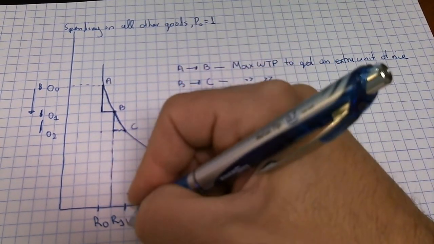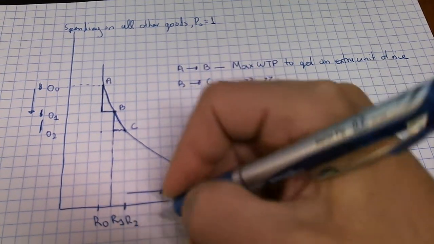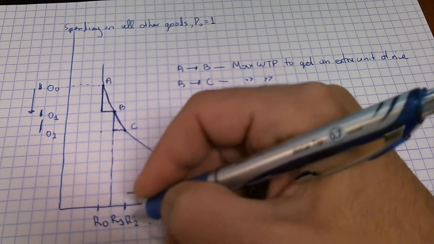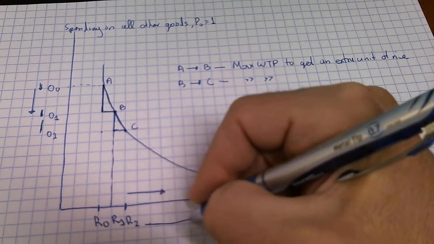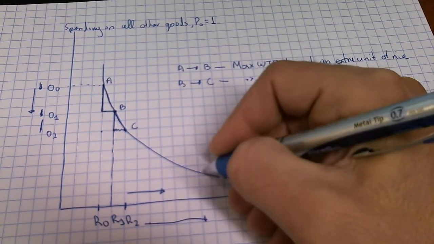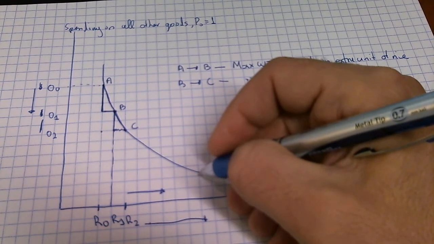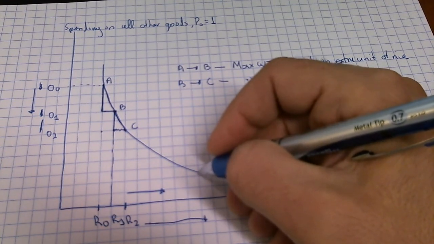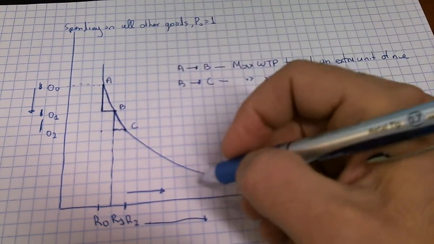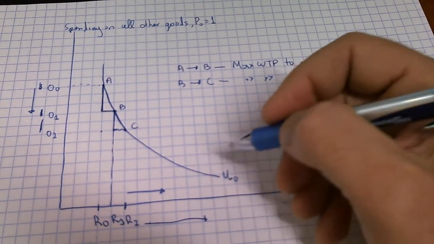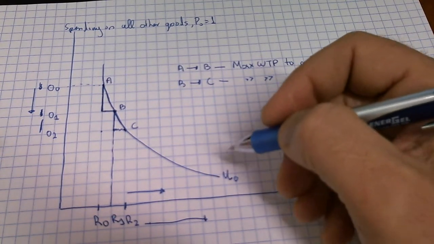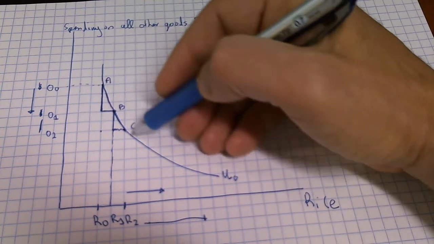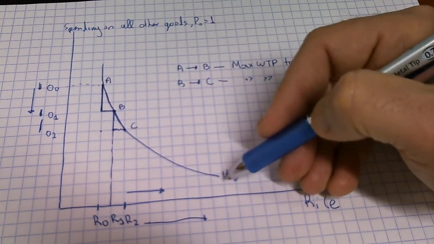You have more rice every time, R0 to R1 to R2 to R3, and so on. Eventually, you have so much rice that you're willing to give up only a very little bit of your spending on other income to get the extra rice, because you have a lot of rice to start off with. Okay, so we can get this indifference map right here.